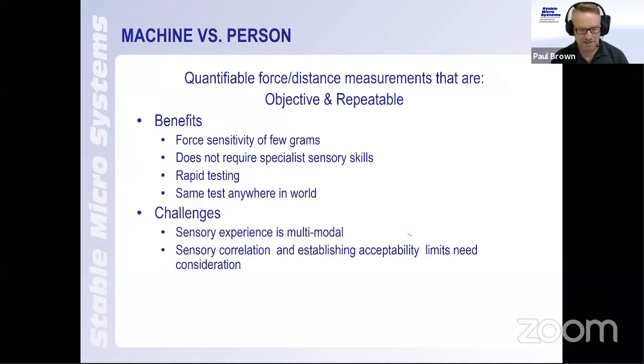The challenge is that we are multi-modal sensory for the human, where the machine can be one-dimensional or two-dimensional in certain areas. But that does still have its advantages, and certainly the instrument will be objective and repeatable in its measurements.